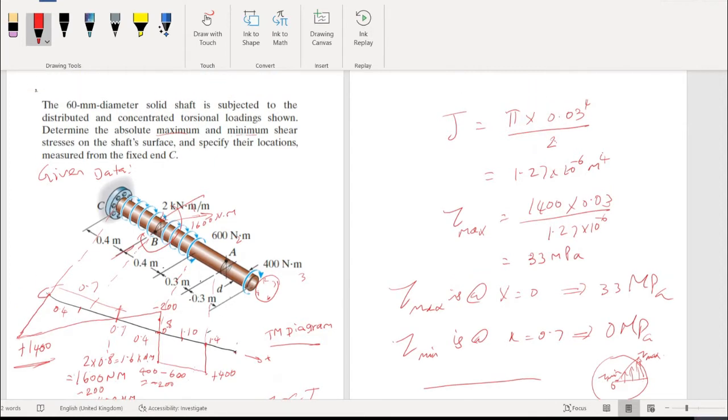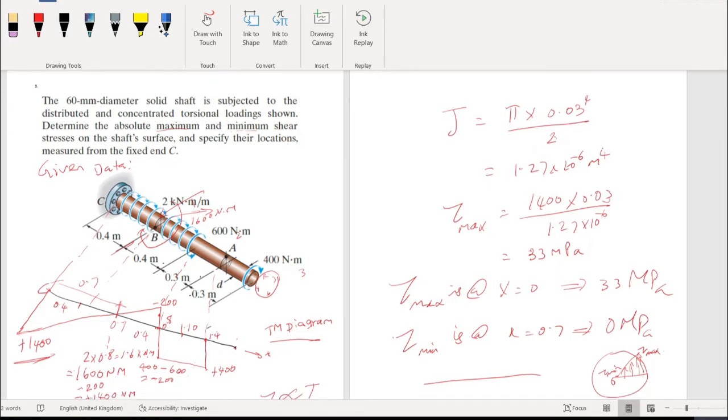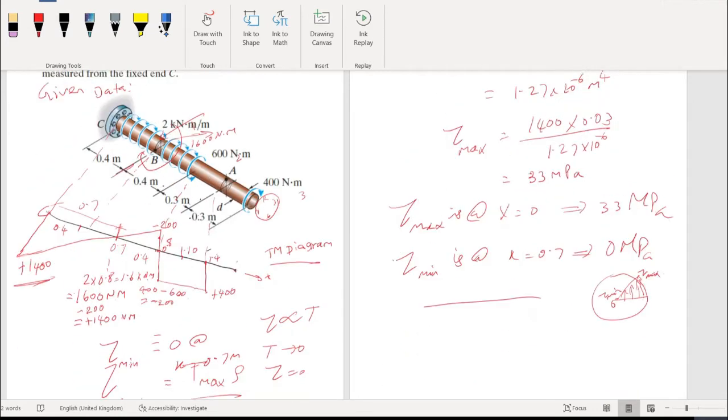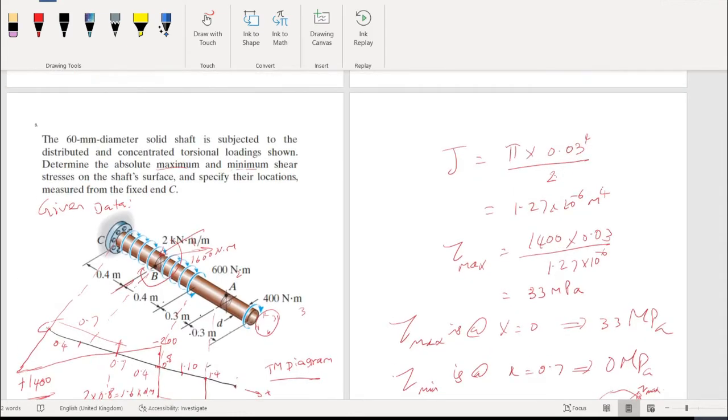Last 2 questions were for point moments, or rotational moments applied at points on the member, but now it's a distributed moment for the member from C until a point between A and B. In addition to the distributed moments given between C and A, there is another moment given, a point moment at this location equal to 600 Newton meter. We also found out by solving, and you are asked to calculate in this case maximum and minimum.